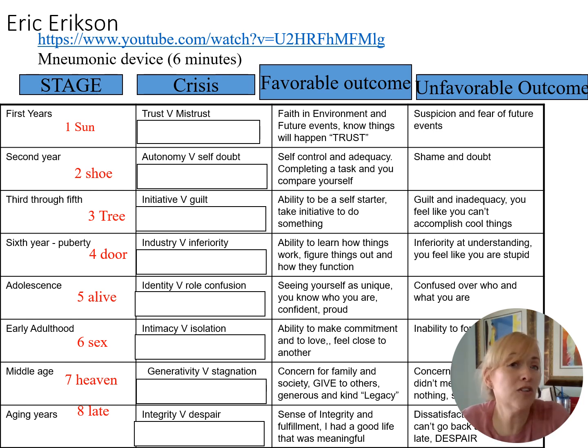A lot of questions might center around what they perceive are questions that are near and dear to your heart, because it's kind of like the stage that you might be in. The one that you probably heard the most of is the midlife crisis, which is middle age, generativity versus stagnation. And I'm sure you've heard of the midlife crisis, the stereotypical midlife crisis for men and for women. And it's on this chart, so know it.